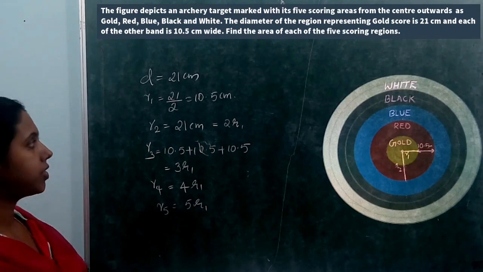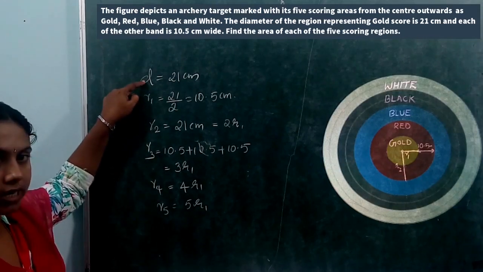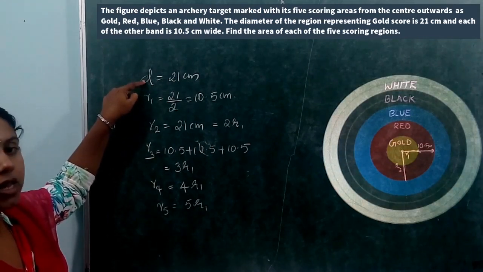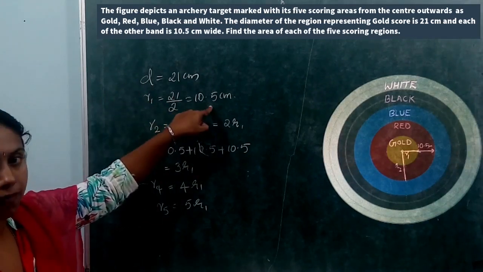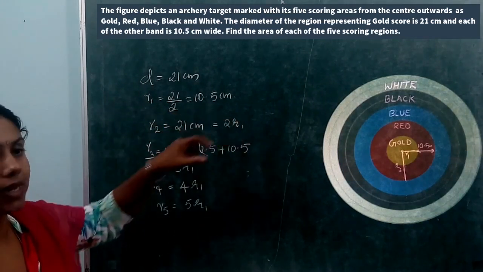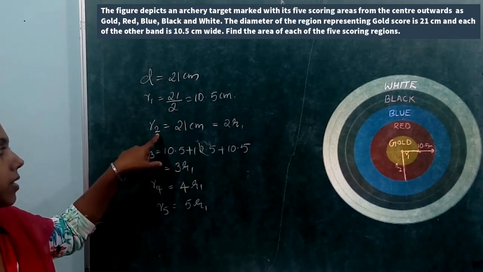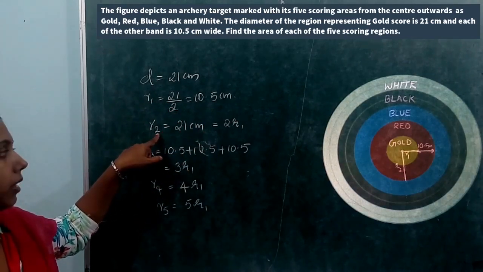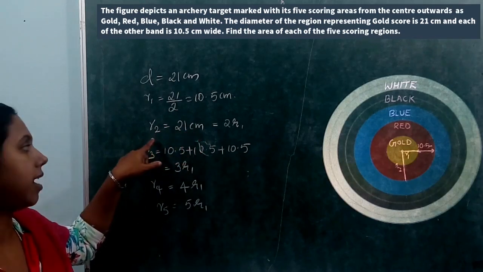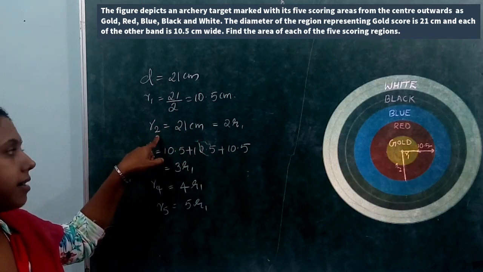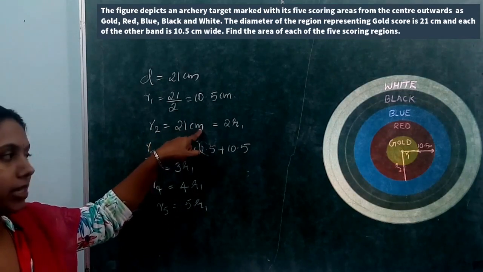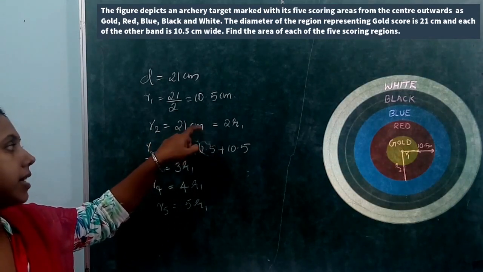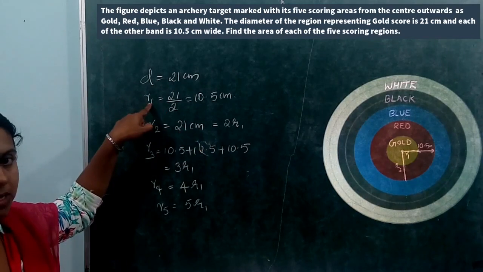Once more I repeat, the diameter of the golden region is 21. So the radius of the first region is equal to 10.5. The width of each region is 10.5. So the radius of the second region, that means the gold plus red, we can note down as R2. So that is equal to 21 centimeter, that means double the first radius.